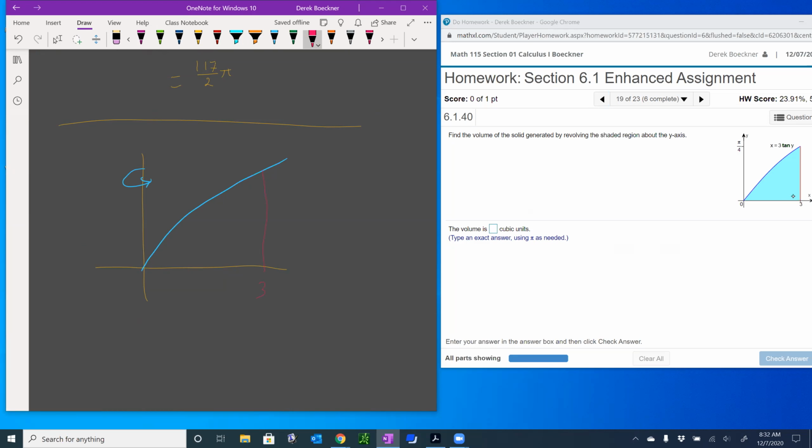That's at 3. Okay. So if I draw in a rectangle, what I end up with is these sort of pipe looking things again.